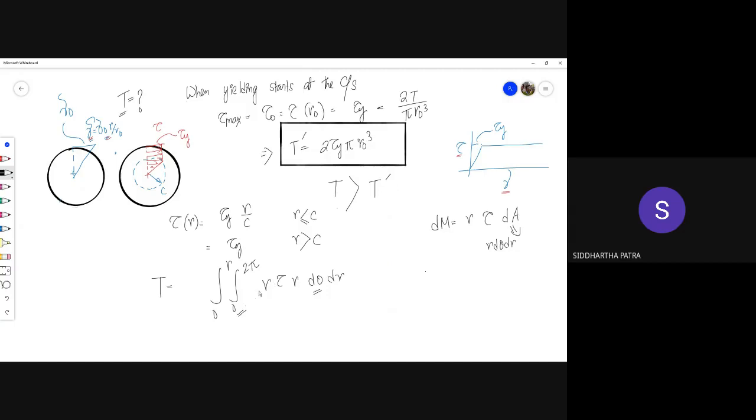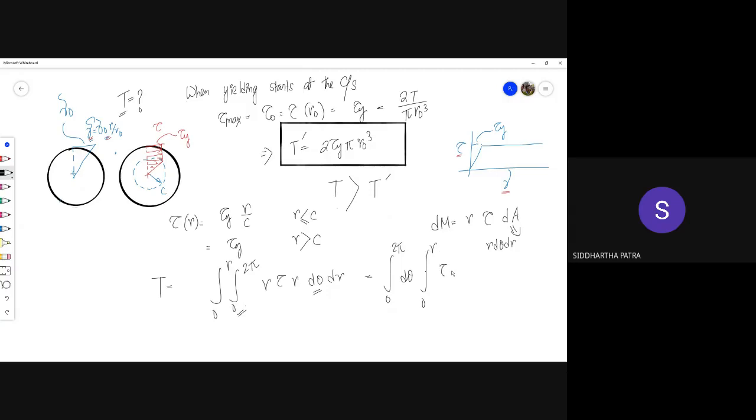But then in a circular cross section, this integration with respect to r and theta, the limits of the integration are kind of independent of one another. So what I can basically do is simply take this thing outside, independently do the integrations and simply multiply them.